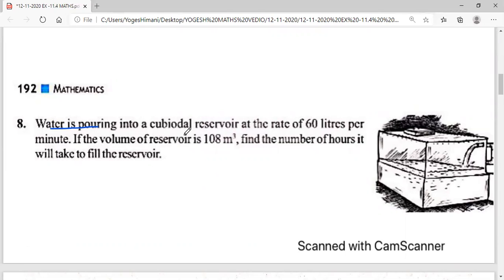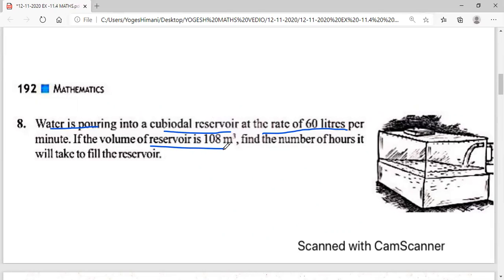Now in this question, basically we have the situation as well as the question. So water is pouring into cuboidal reservoir at the rate of 60 liter per minute. Means in 1 minute the water can enter 60 liter. If the volume of reservoir, that is total capacity of the reservoir, is 108 meter cube.